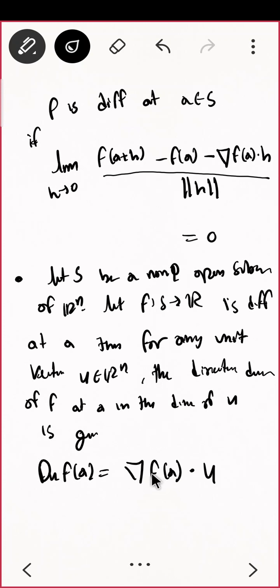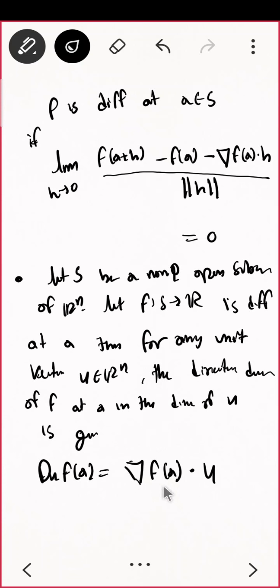So you remember you can now calculate anything, total derivative and directional derivative, by using just the gradient. So see, the gradient is so important for us. To calculate total derivative, you just have to do that one.